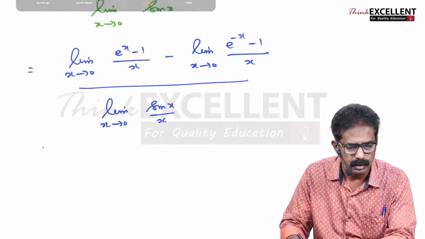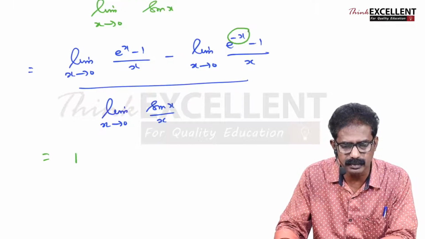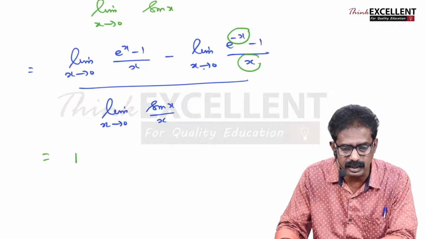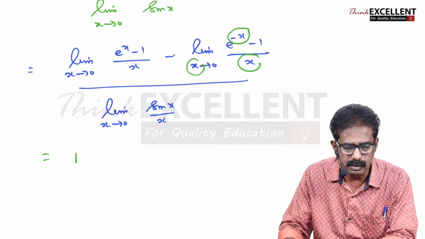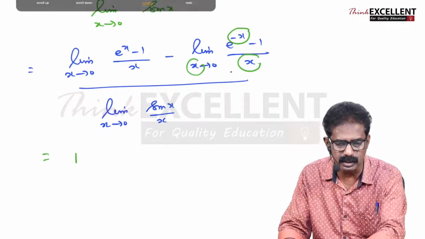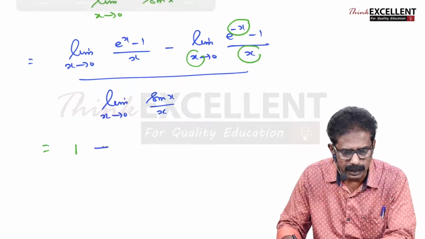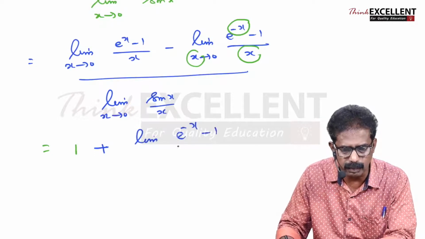But for the second one, since it is e raised to minus x, I want minus x here. Here also I want minus x. So I'm going to write one more step. This minus, you take it inside. So that minus you can put here, right? So I write here plus limit e raised to minus x minus 1 by minus x.